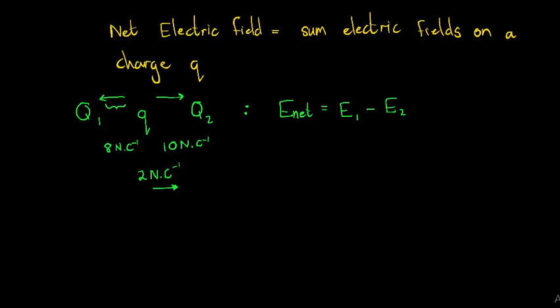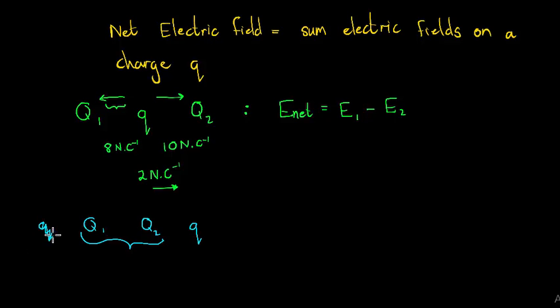The second scenario is when my charge is on either side. There are my charges, and my unit charge is either on this side or on that side. The point is that the two charges are on the same side of my unit charge.